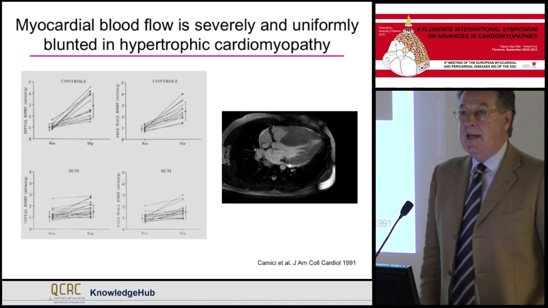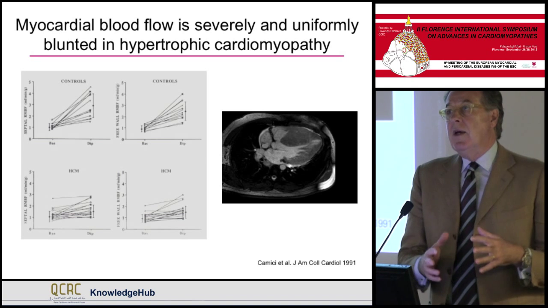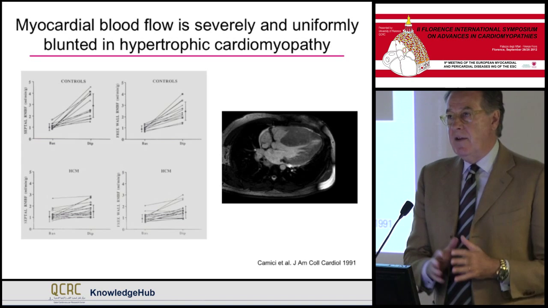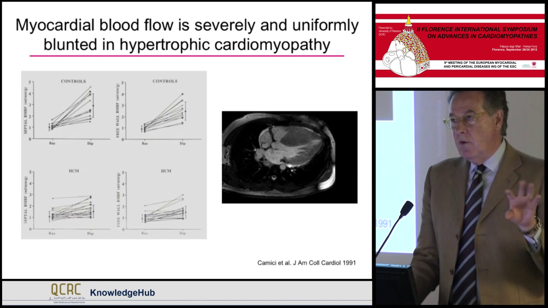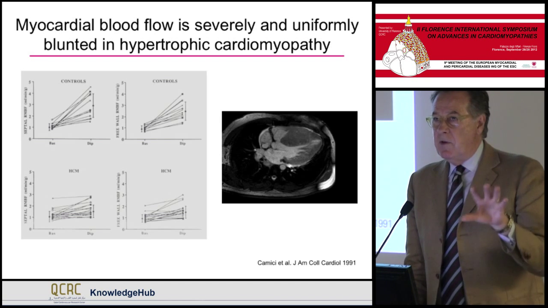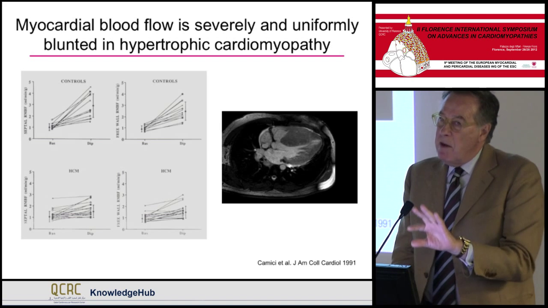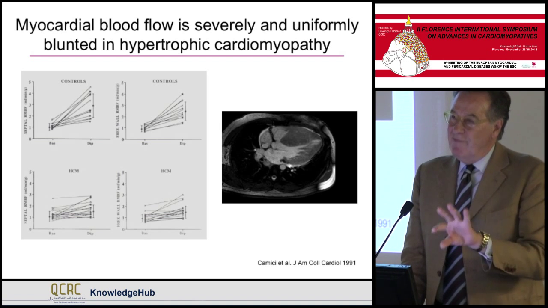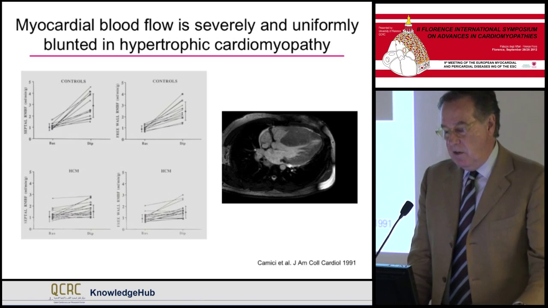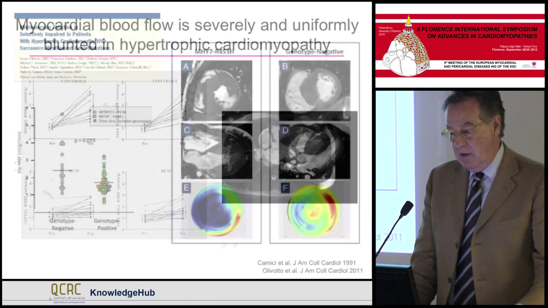So it looked like, although there are contrasting data, that the problem was not limited to the septum, so was not mimicking the geographic distribution of hypertrophy, but was a problem that was different from the geographic distribution of cardiomyocyte hypertrophy.